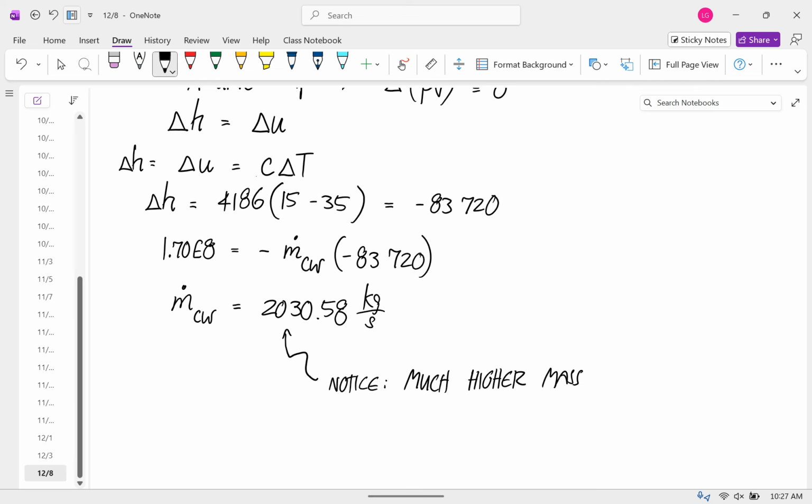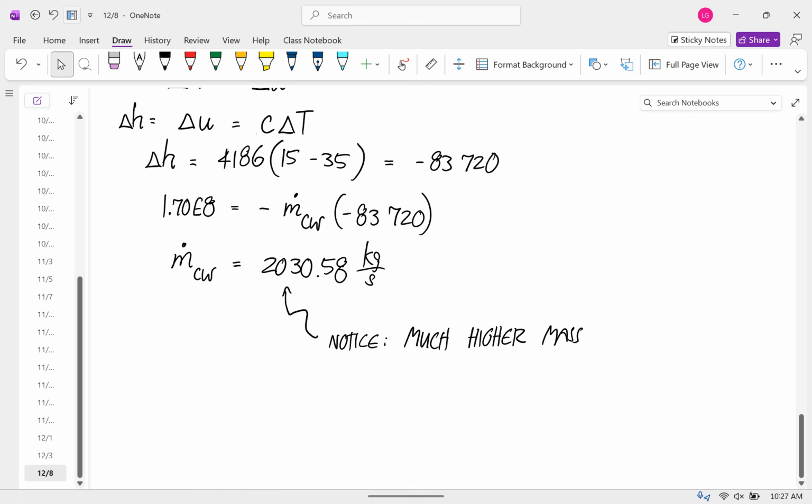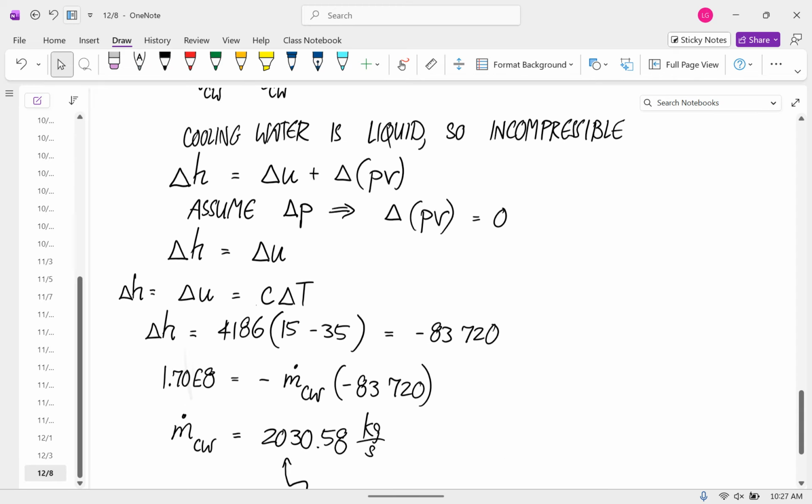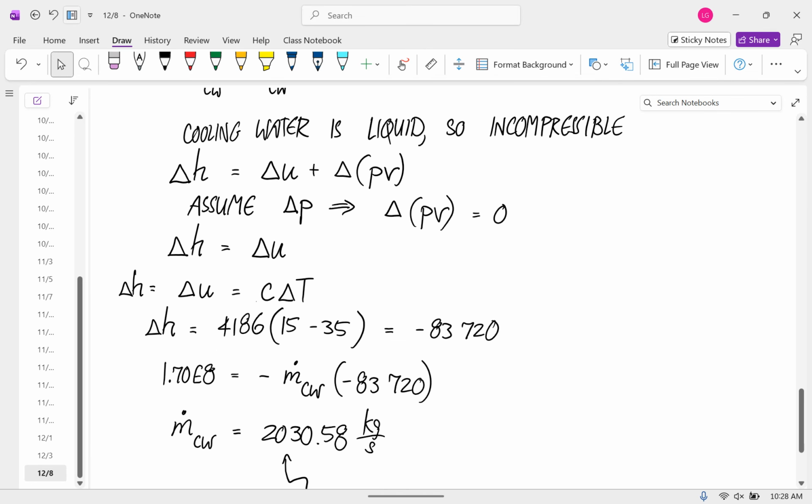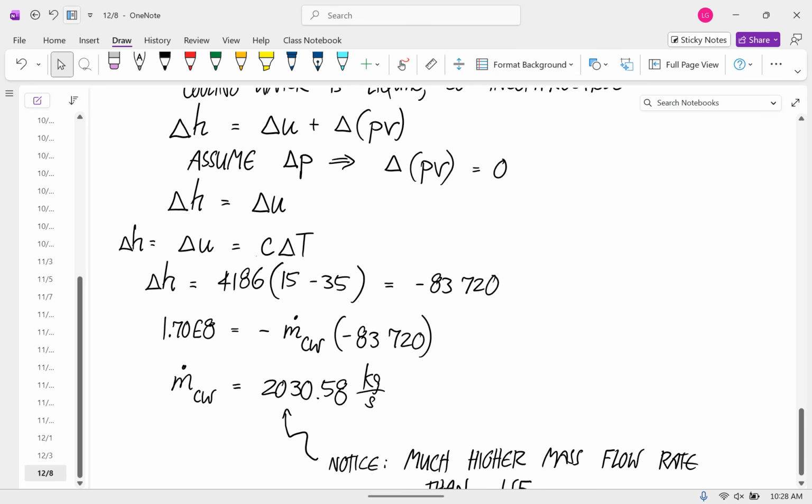It's using convection to get that heat out of there. So much higher mass flow rate than the working fluid. Any questions about that?